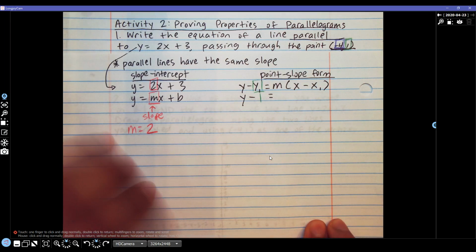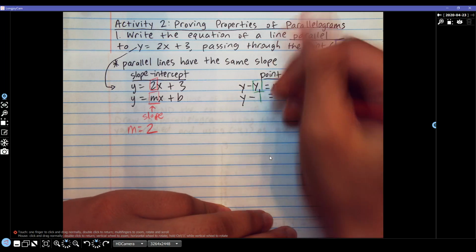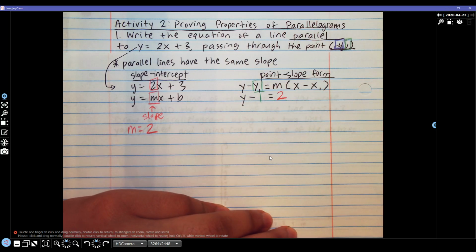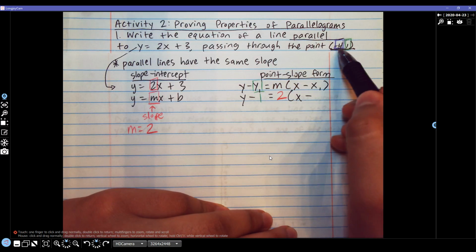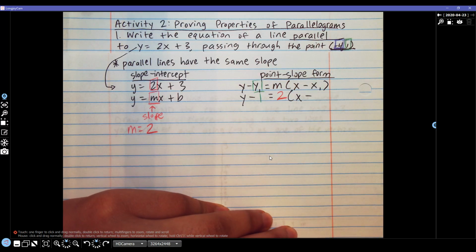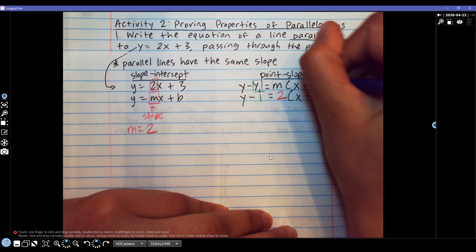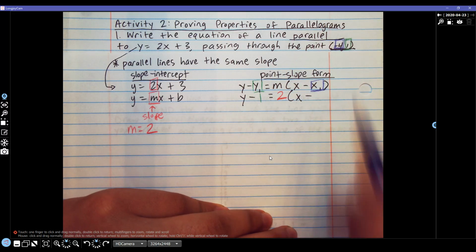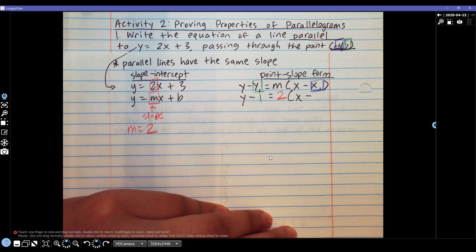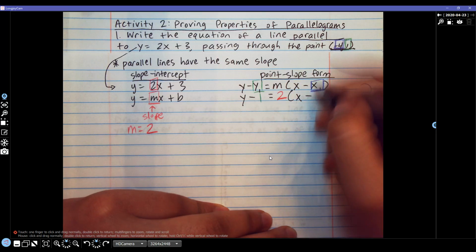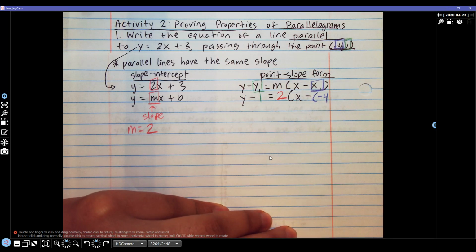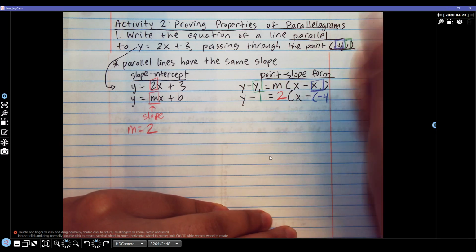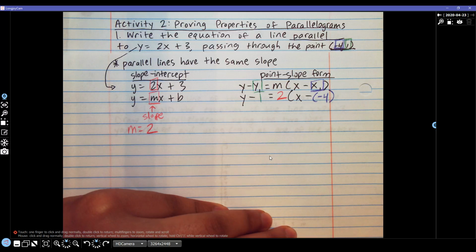So I will plug in 2 for m, and then we have x minus, and in purple is our x coordinate. So this x1 represents our x coordinate. And our x coordinate is -4, so I'm going to write x minus -4. Okay, so this is our setup.